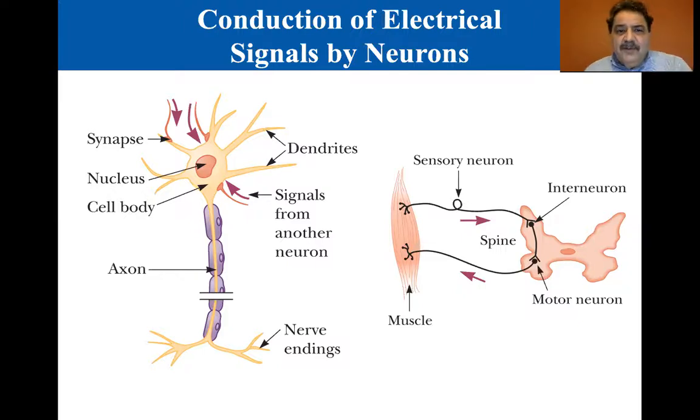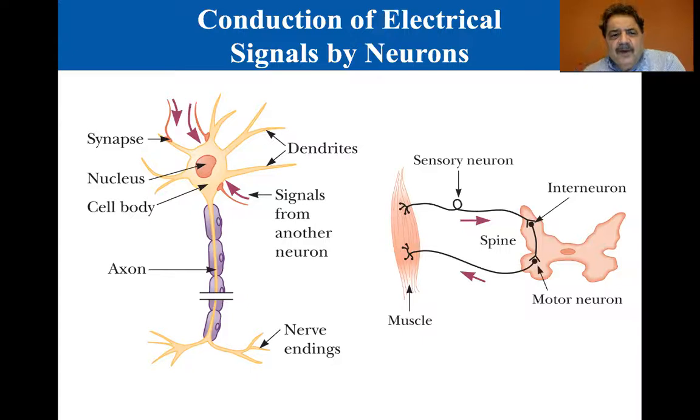But they show you there's a lot of electrical activity that takes place in our neurons, in our nervous system. They show you a schematic of a neuron here: the nerve endings, the axon, the cell body, the nucleus, the synapses, and the dendrites.